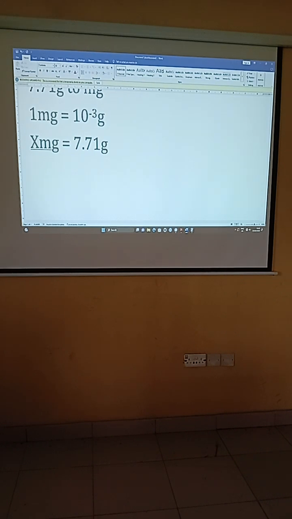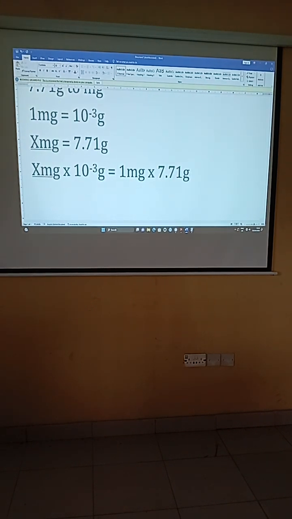we'll have X milligram times 10 to the power minus 3 gram, because it goes this way, equals 1 milligram times 7.71 gram. Mind we are making X milligram the subject of the formula.